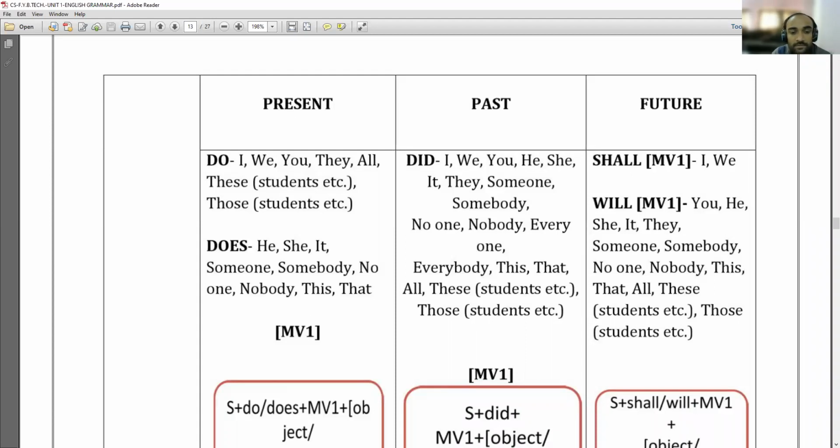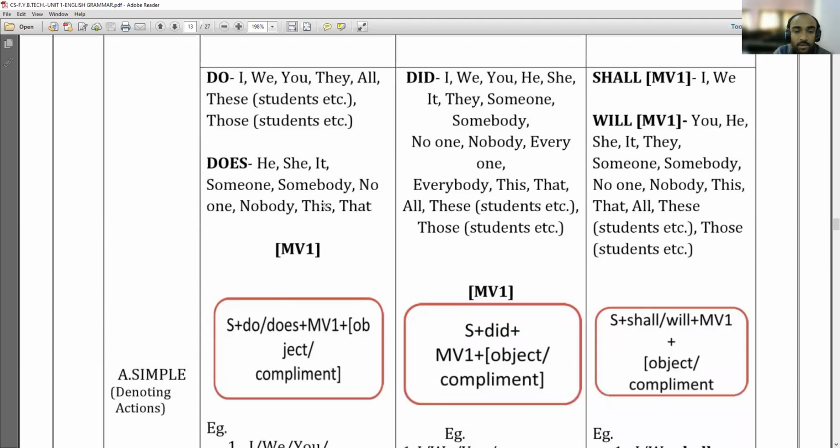Okay, so the structure for the formation of the sentence for denoting the action is subject plus do or does plus MV1 plus object or complement.